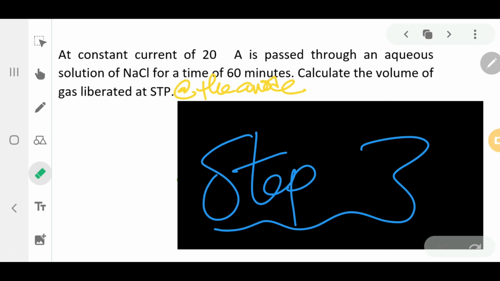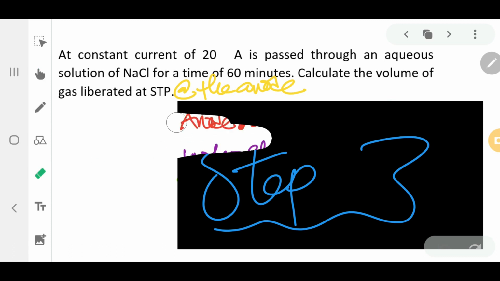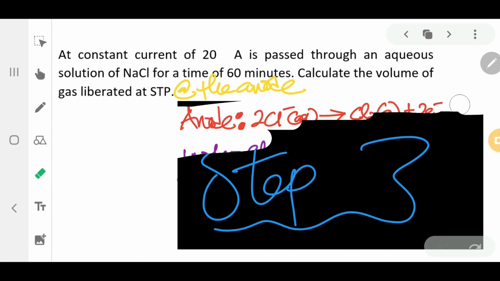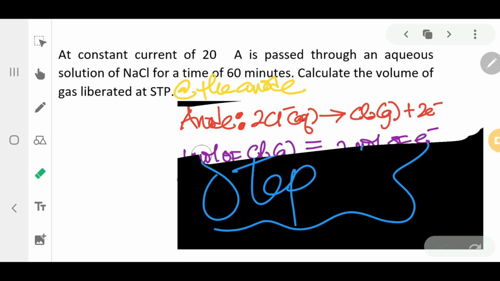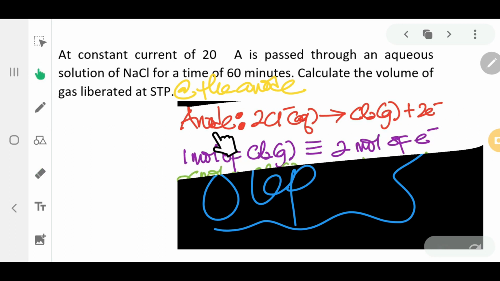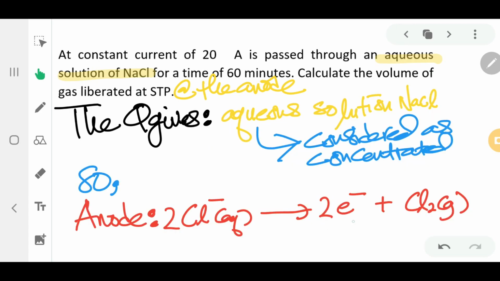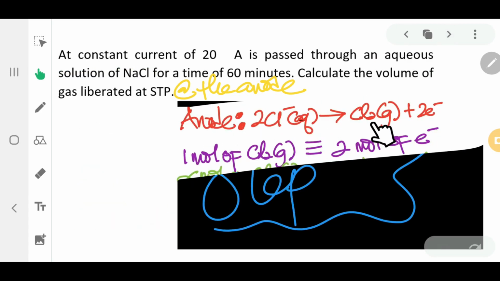So step 3, what we have here, anode. So the anode over here, this is the one that we have written just now, right there. So we're going to take this because we want to know what is the gas being liberated at anode.